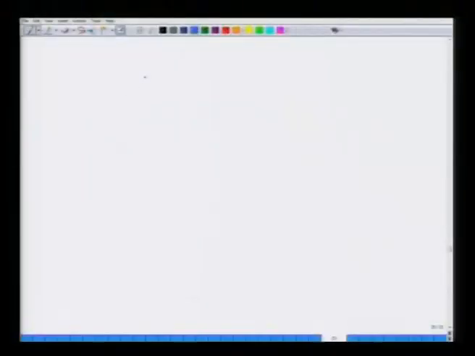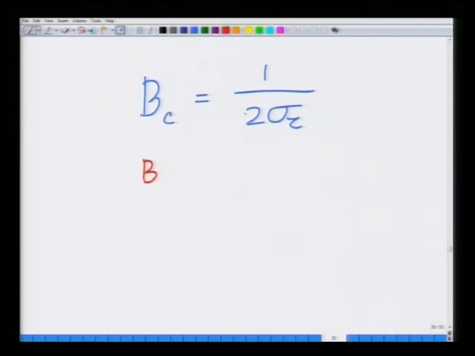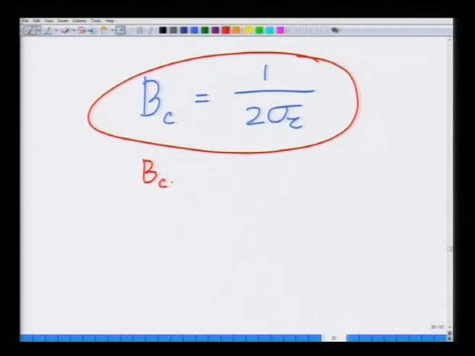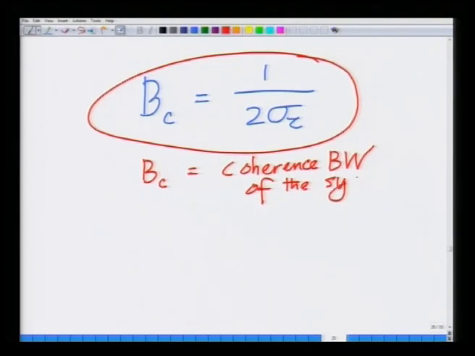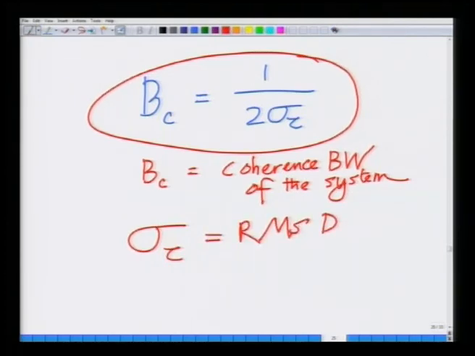Right. So, let me again summarize this relationship here. B_c equals 1 over 2 sigma tau, where B_c is the coherence bandwidth of the system, and sigma tau equals the RMS delay spread.